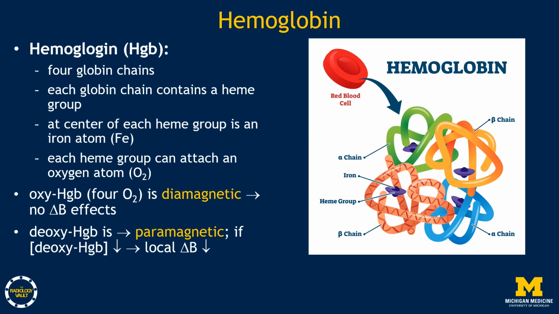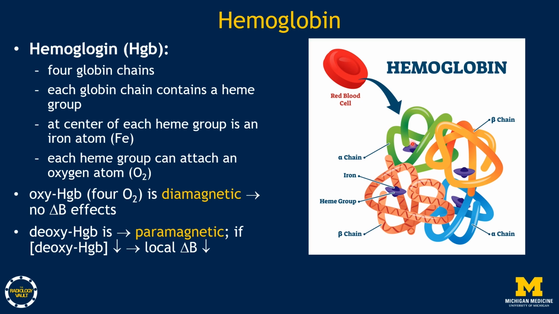Mostly hemoglobin. Hemoglobin is a molecule which has 4 globin chains, and each globin chain contains a heme group. At the center of the heme group, there is an atom. They can bind a ferrous atom, and the ferrous atom can bind with an oxygen, and that is what happens in the lung. When blood goes into the lung, the hemoglobin gets oxygenated.